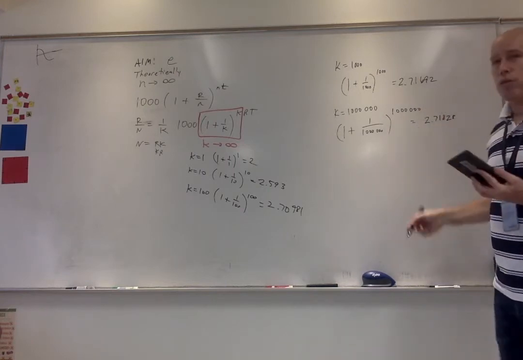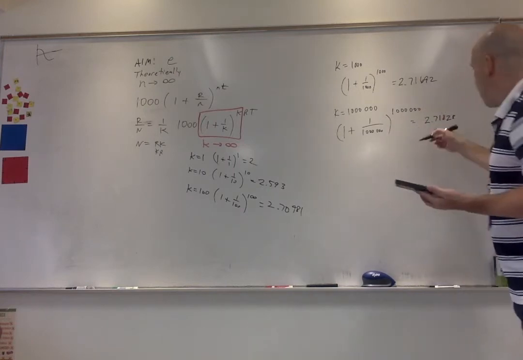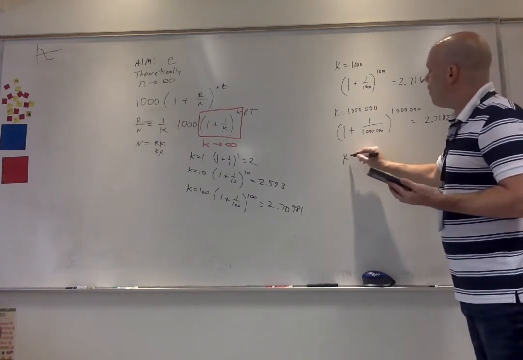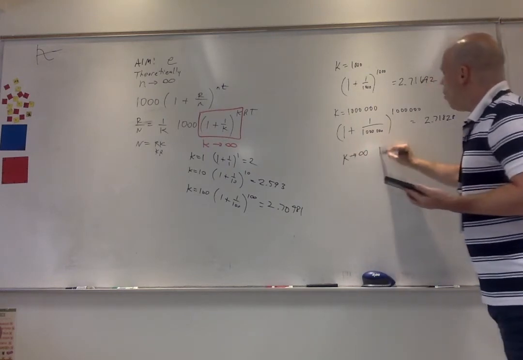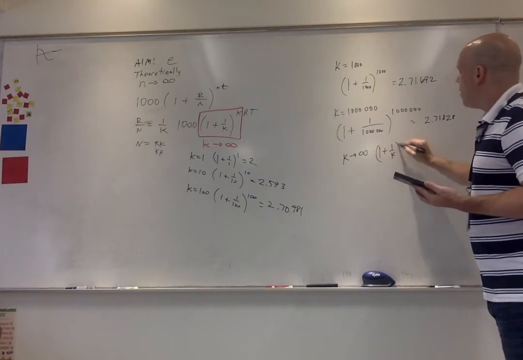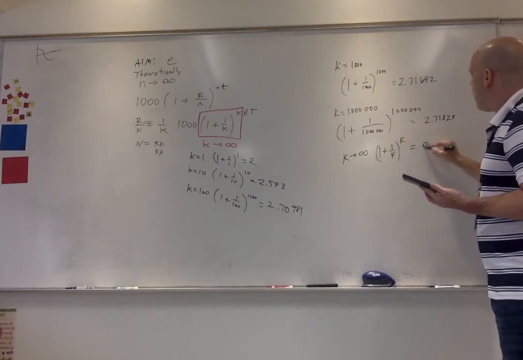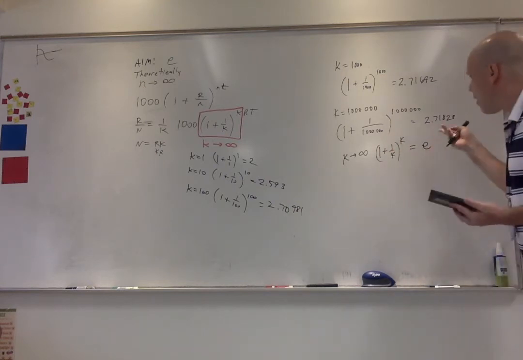And this is interesting because now, what does this number end up being? As k goes to infinity, 1 plus 1 over k to the kth power equals e. And that's this number e.